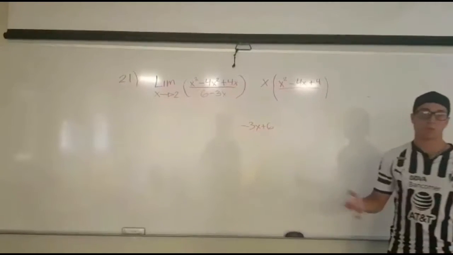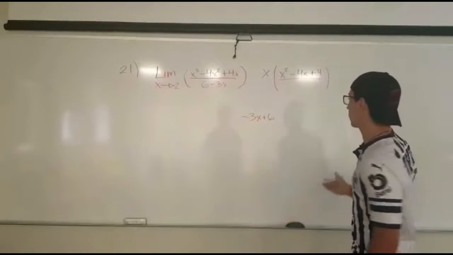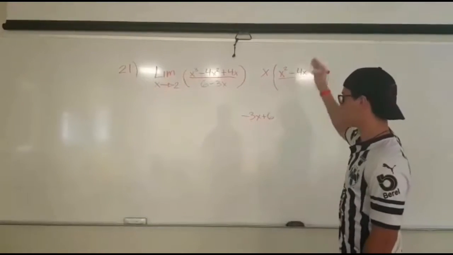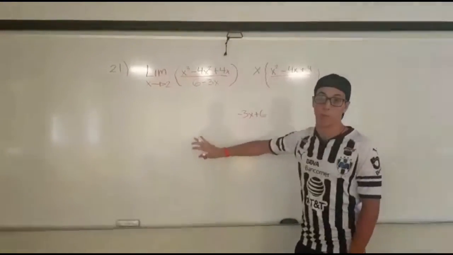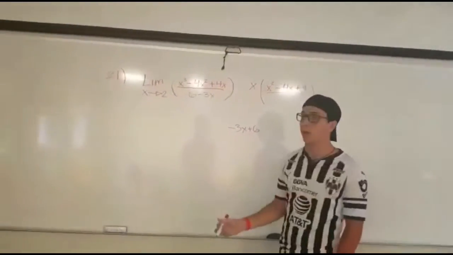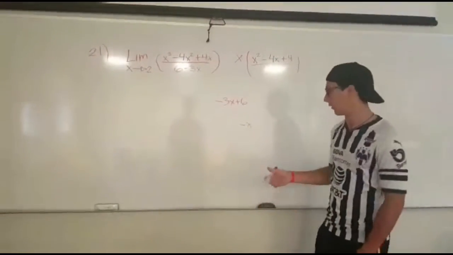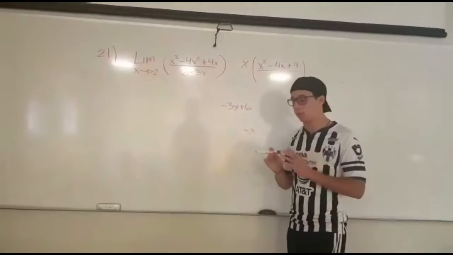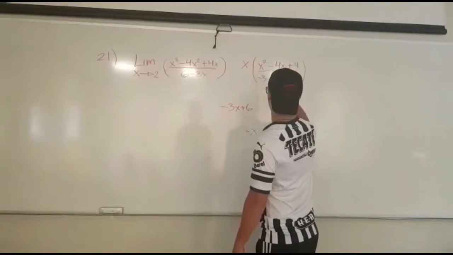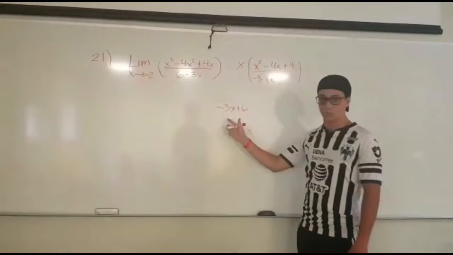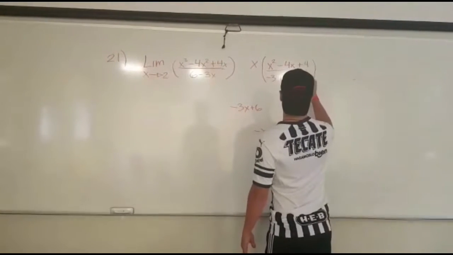So as not to complicate yourself later on in the problem, you can take out the negative 3 instead of just the 3, because having a negative x sometimes complicates things. So let's take out negative 3, which will end up as x minus 2.